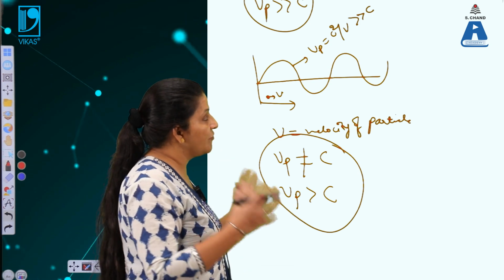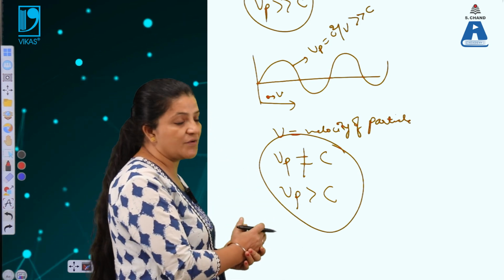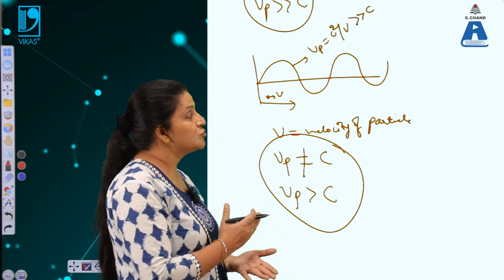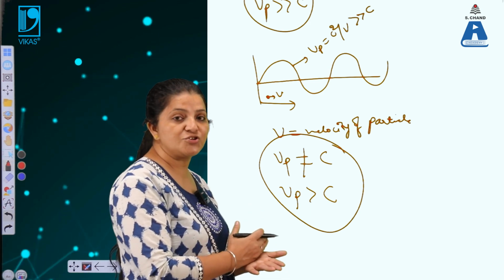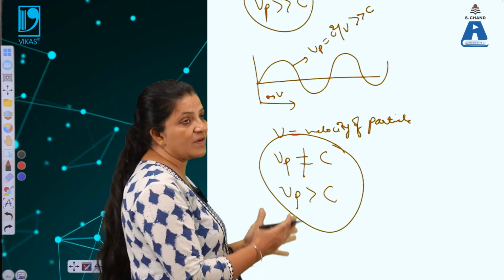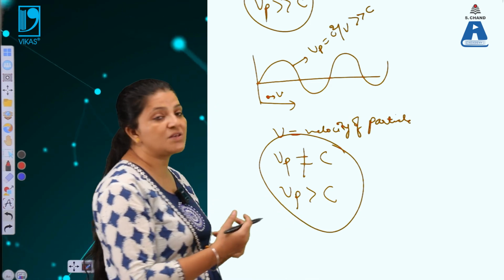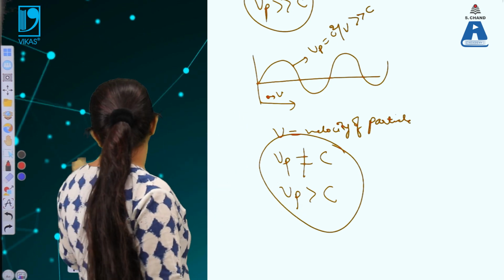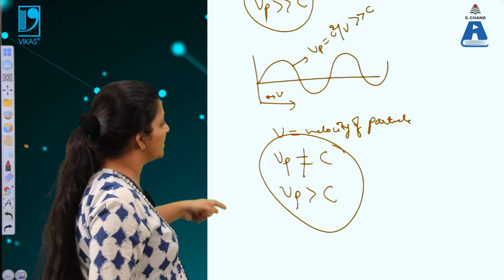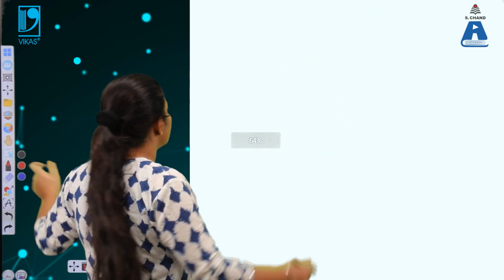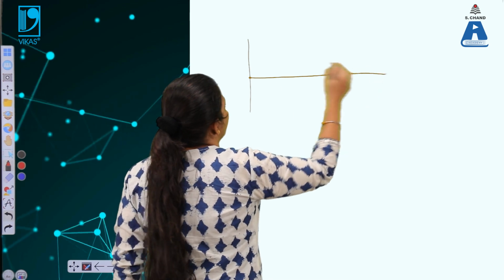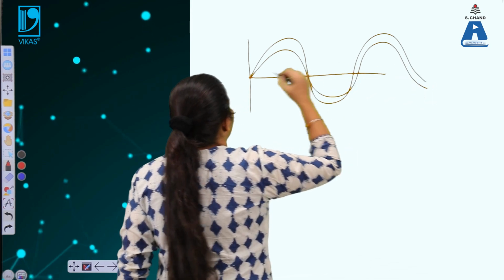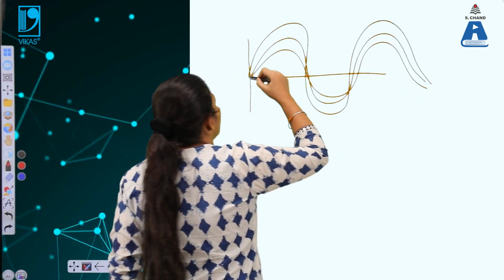So that means when the waves are transferring from one medium or one region to another region, the group of waves is transferred instead of a single wave. So there are large numbers of waves associated with the particle. We can represent this like this over here. Instead of a single wave, a large number of waves are propagating with the particle.